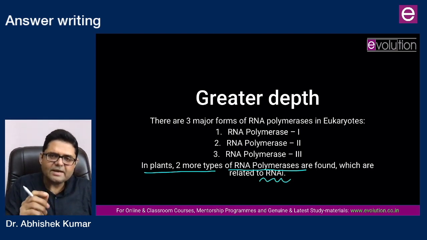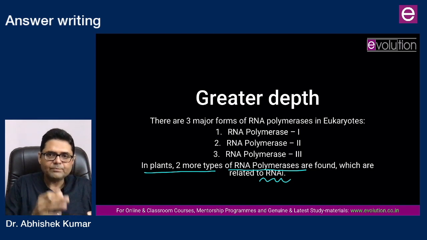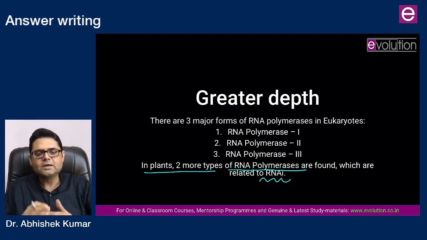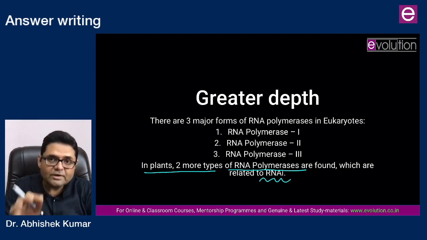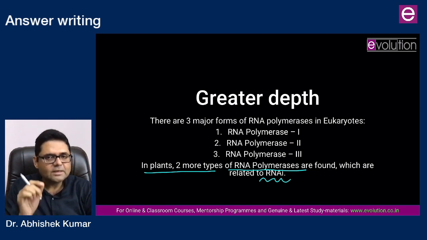So that is slightly greater depth. I'm not saying you have to go into the molecular 3-dimensional structure of RNA polymerase. That is irrelevant detailing. But when one sentence can give an indication of the extra depth that you have developed, that is an easy way to establish before the examiner that your knowledge is deeper than your competitors'.